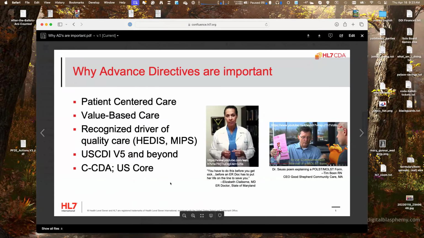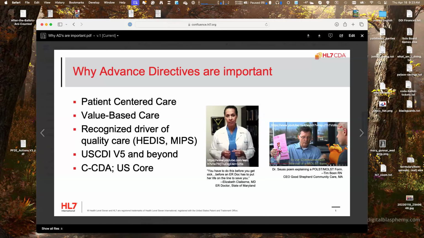I just wanted to summarize, this is a new section in town. It's not really new. It's been around since the beginning of consolidated CDA, but it's only come into its own more recently.